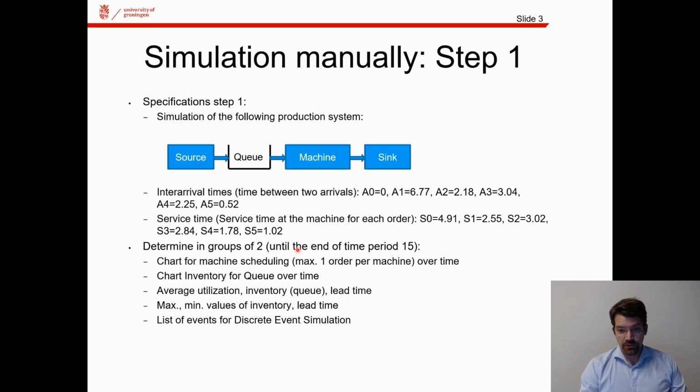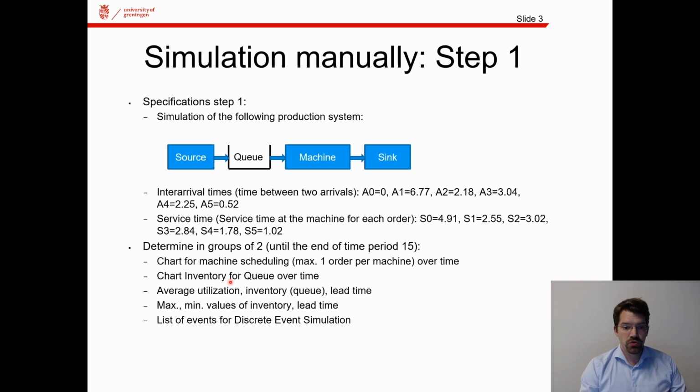So in this case, of course, we are not going to determine this example in group work. So I'm going to present immediately the results. What I'm going to do is develop a chart for the scheduling over time, and a chart for the queue over time.